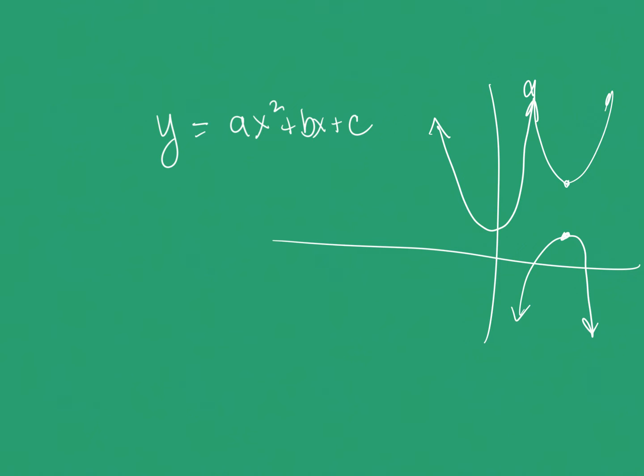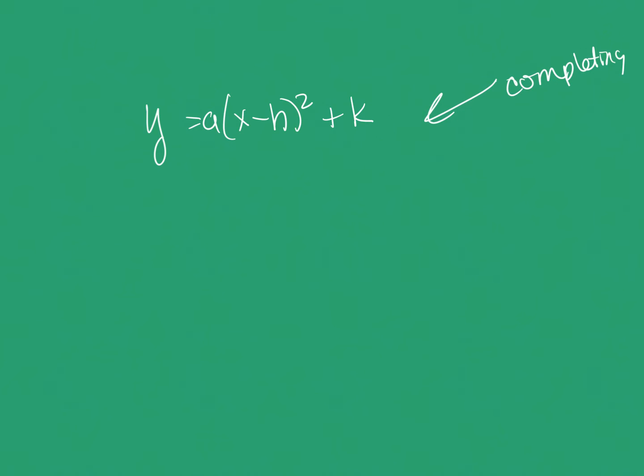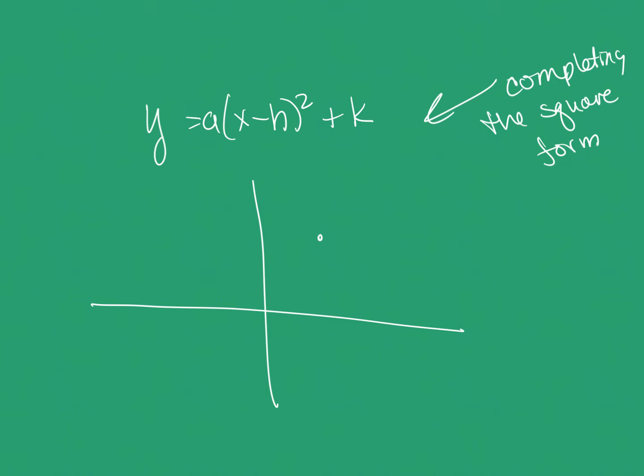So quadratics in graphing form is the same as being in vertex form. The form y equals a times (x minus h) squared plus k. It's also kind of the completing the square form. In your quadratic, your vertex becomes the point (h, k), and then your A becomes kind of your stretch.